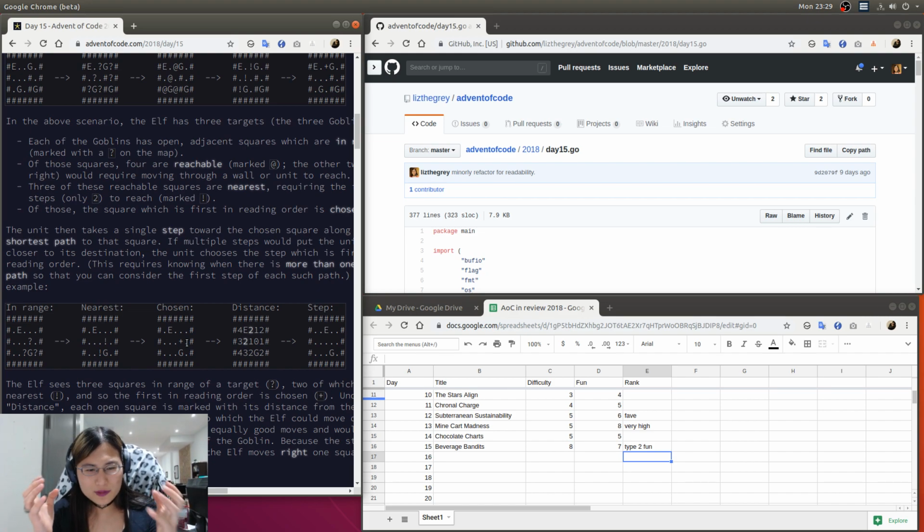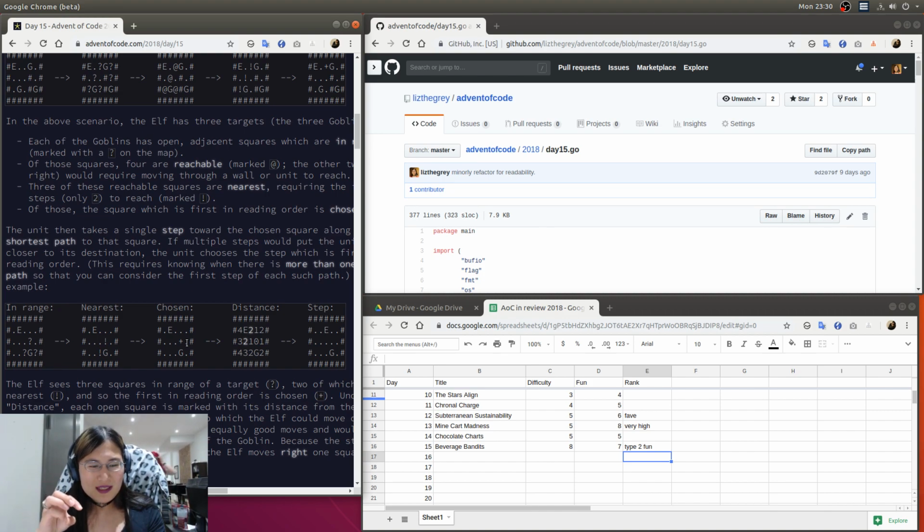The other thing that was really subtle and really made this type 2 fun for me was the fact that the ending condition was not what you think. The ending condition was not, there's only one side alive. No. The ending condition was, it's the first round in which someone attempts to attack and cannot find someone to attack. So it might be the turn after everyone dies.